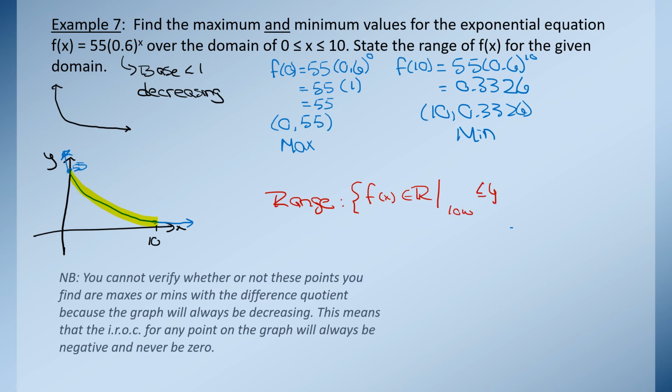It always looks like this. This is the format we use. High number here. So our low number, the lowest we get to was a 0.3. The highest we get to is a 55. So the range of the function is simply between 0.3 and 55, because that's the only segment of the function we were looking at.